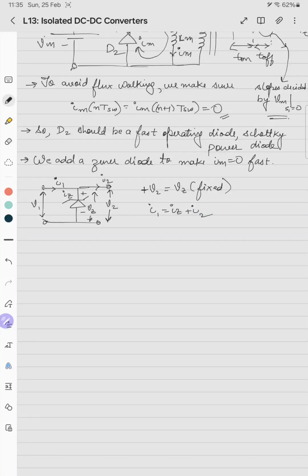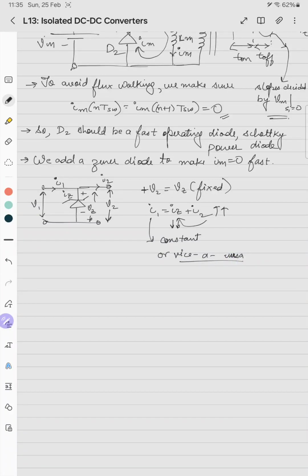So if I2 increases, this I1 will also increase, or this IZ will decrease to maintain I1 almost constant, or vice versa.